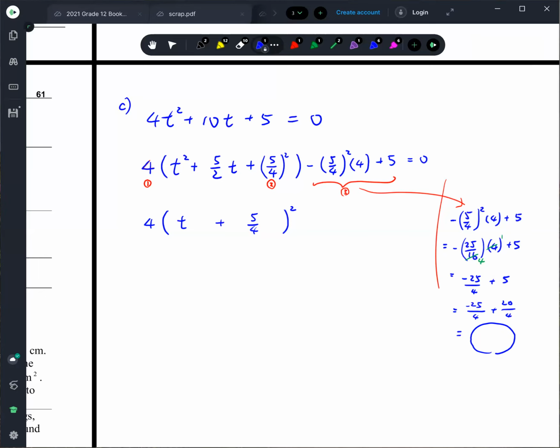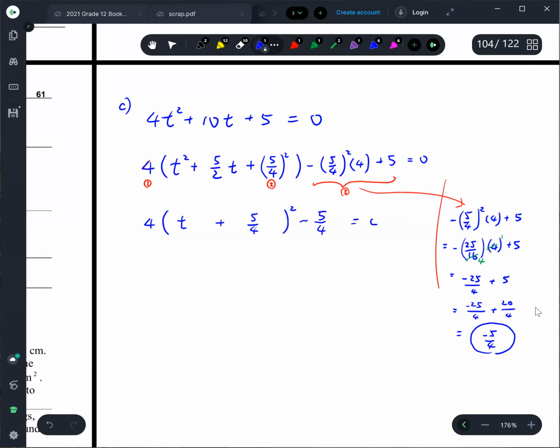Negative 5 over 4. Yeah, negative 5 over 4. So for the balancing part, it simplifies into negative 5 over 4.